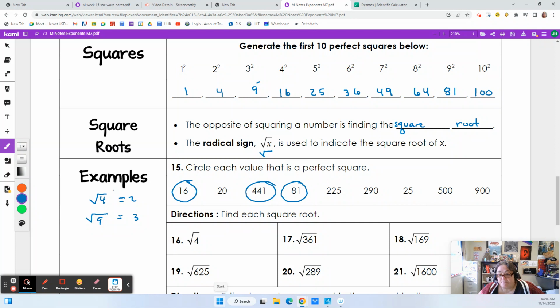Bailey. Bailey, is 225 a perfect square? All right. Bailey's not here either. How about Lily? Is 225 a perfect square?